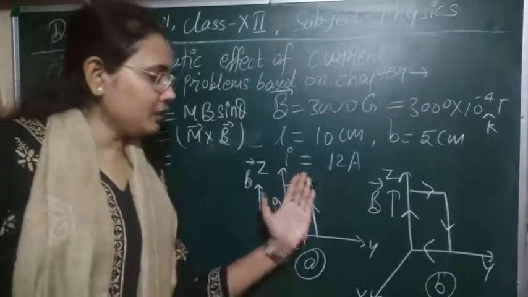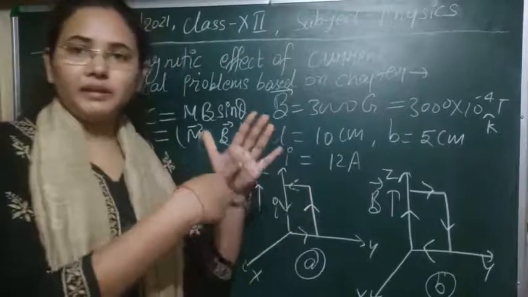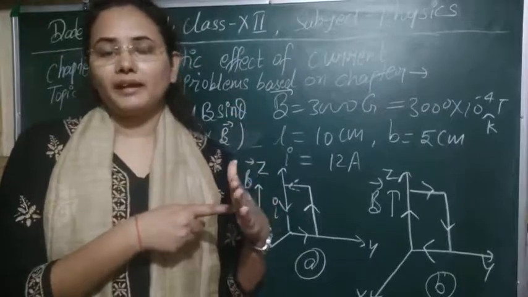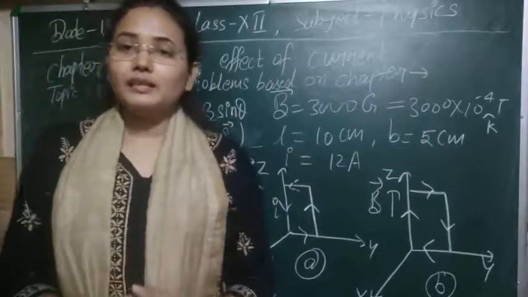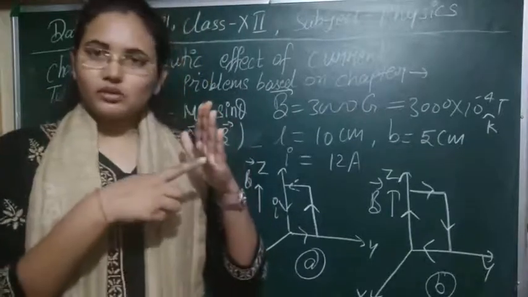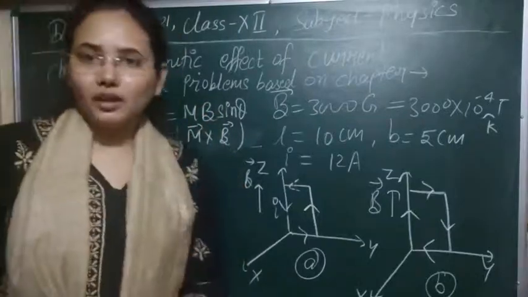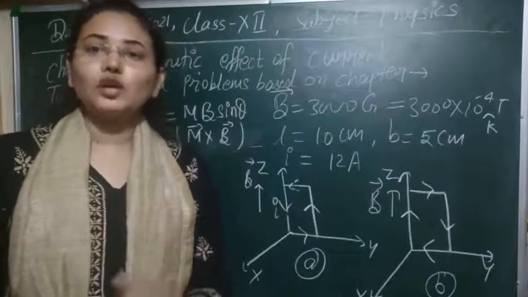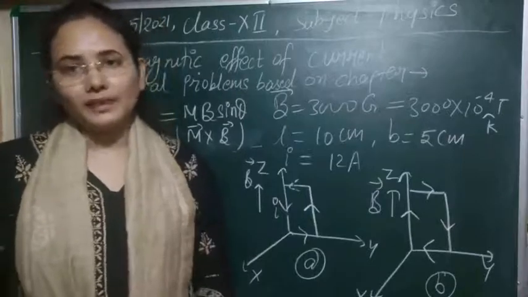If this is the plane of the loop you are seeing, then this direction will be the direction of the area vector, and this is also the direction of the magnetic moment, because the magnetic moment also depends on the area of the loop. Clear? If you have to find the direction of the magnetic moment, you have to see the normal vector drawn from the plane of the loop that is given to you.